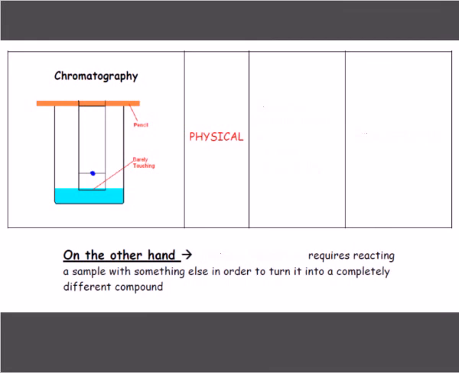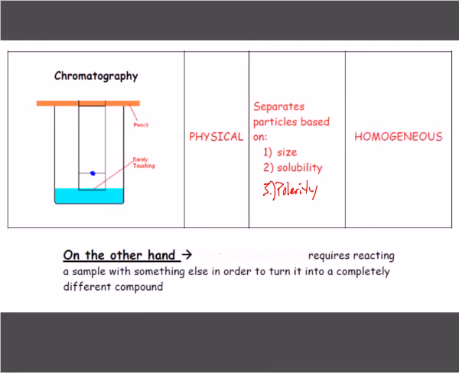Chemical are other ones that we'll talk more about in just a second. How chromatography works is separating them based on their size, solubility, as well as polarity. So we're going to add that in there too. And this is used for homogeneous mixtures, again, solution.